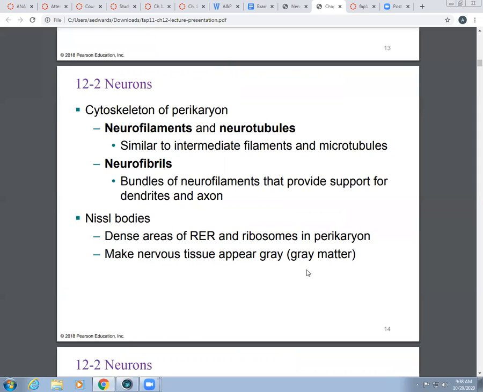The neurofibrils are basically bundles of neurofilaments. So just think levels of organization here. If you take a bunch of neurofilaments, you can get a neurofibril. And these support the dendrites and the axons, which we'll talk about in a moment.